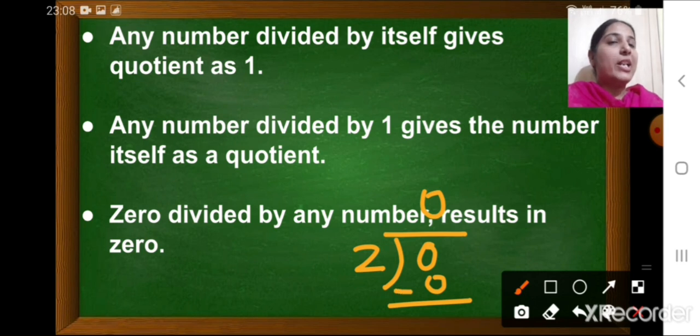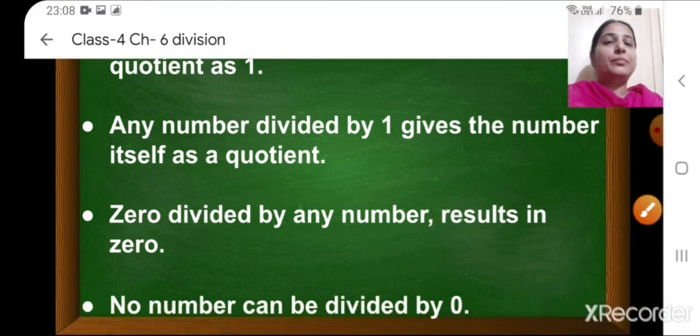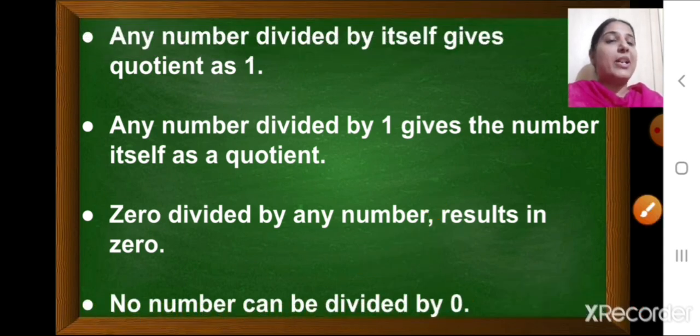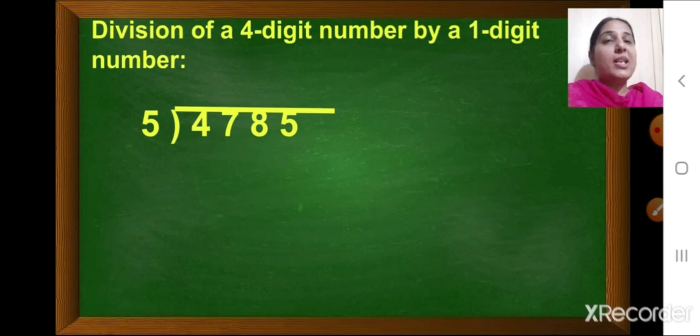So 0 divided by any number results in 0 only. And then no number can be divided by 0. We cannot divide any number by 0. Now children, in your previous class you have learned how to divide a 3-digit number by a 1-digit number.